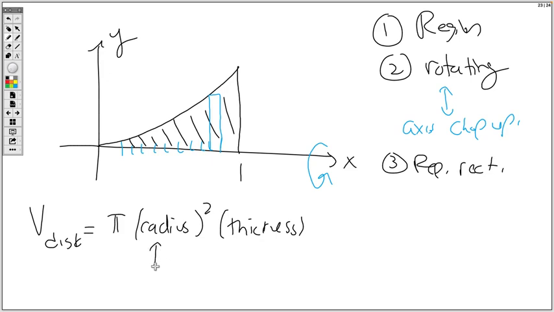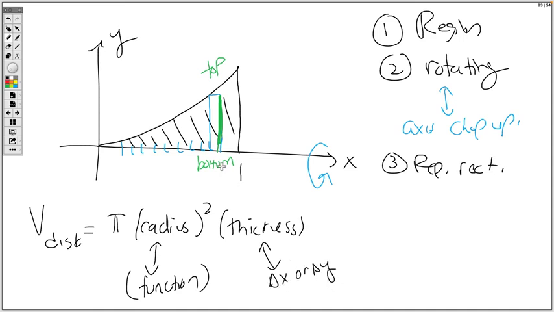The radius is always going to be your function value. So think of it this way, here's your radius. It's top minus bottom. And then your thickness is always going to be the delta x or delta y, depending on what you're chopping up. In this case, it's going to be delta x.